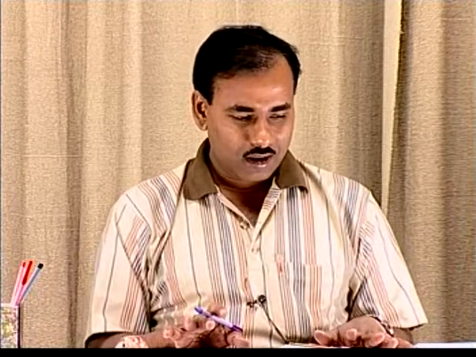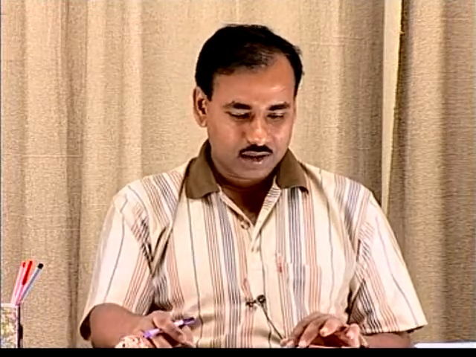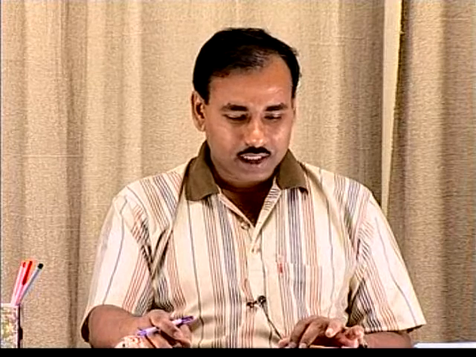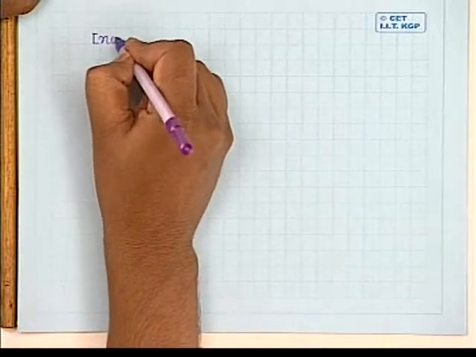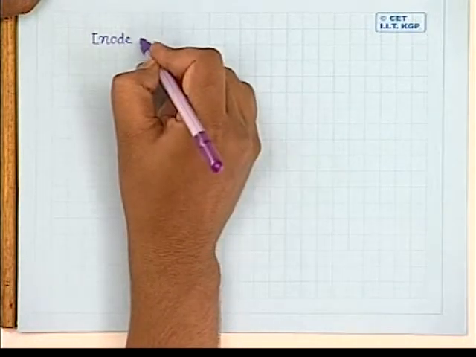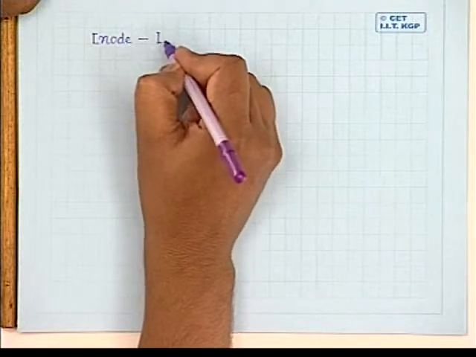Now I'll take examples from the Unix operating system. In case of Unix, the information of the file map table is stored in a data structure called an inode, or index node.